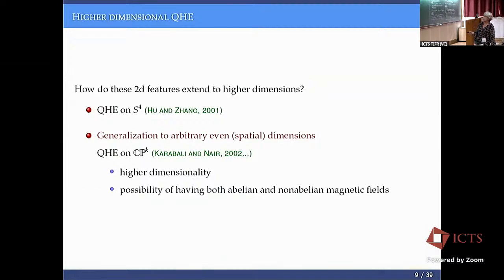So in the case of non-abelian magnetic fields, we think of these electrons as having internal degrees of freedom. Now, when we started this work, and since then we have written several papers, just extending it to higher dimensions was an interesting mathematical exercise. However, to our surprise, a few years ago, there are experimental results on 4-dimensional quantum Hall effect.